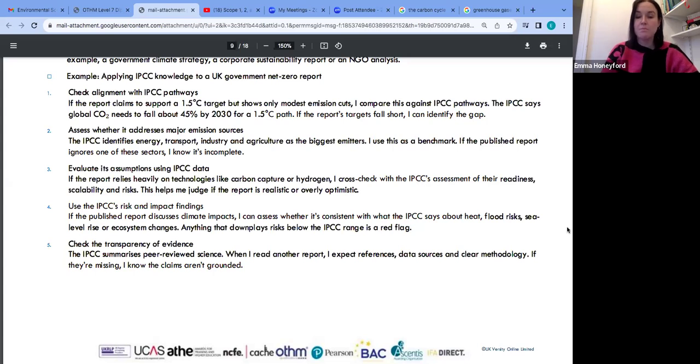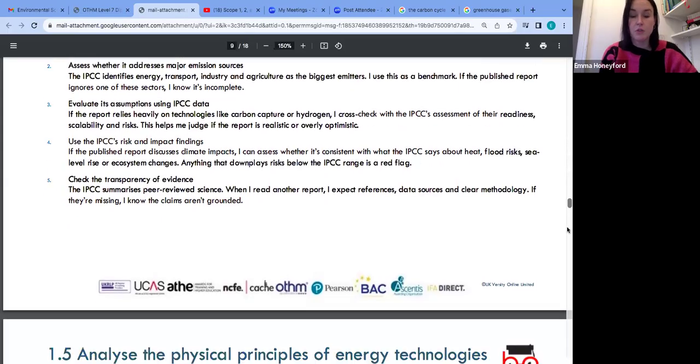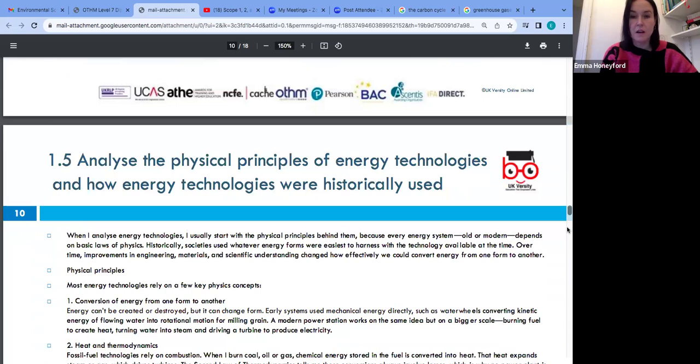Any report that doesn't reference where the data or information has come from, or doesn't allude to the methodology or any limitations around the methodology used to come to scientific conclusions, we know isn't a reliable piece of information, and we should challenge it and be critical.